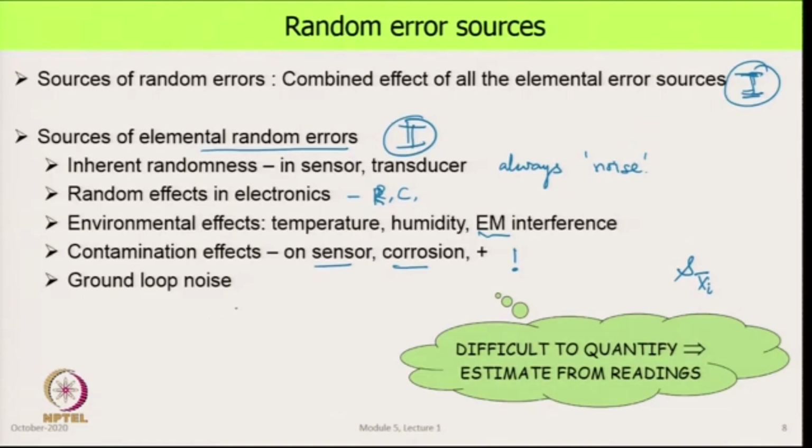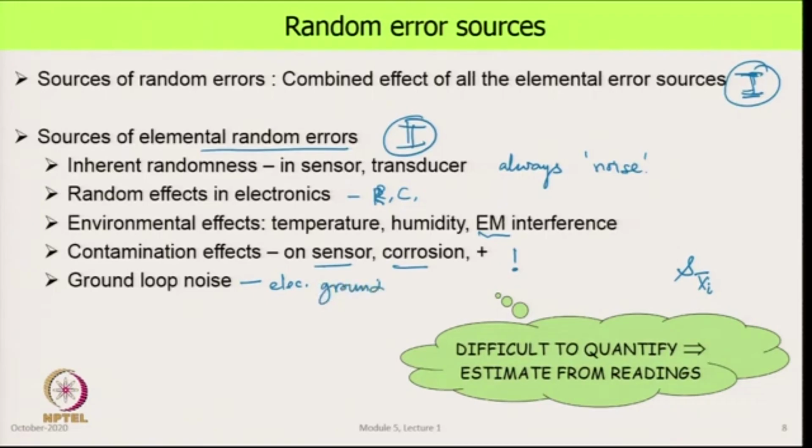Yet another source of error is the ground loop noise. This is something which is inherent in all the places where we are, and this refers to static and electric currents in the ground.